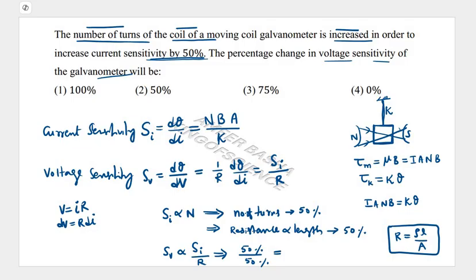That implies no change for voltage sensitivity. So the answer comes out to be 0%. There is no change in the voltage sensitivity. So that means if a galvanometer is good for current sensitivity, that may not be good for voltage sensitivity.